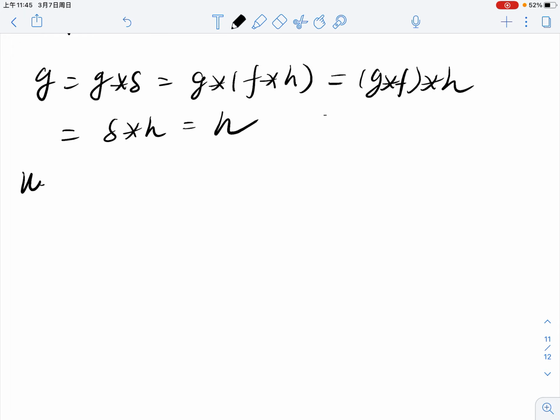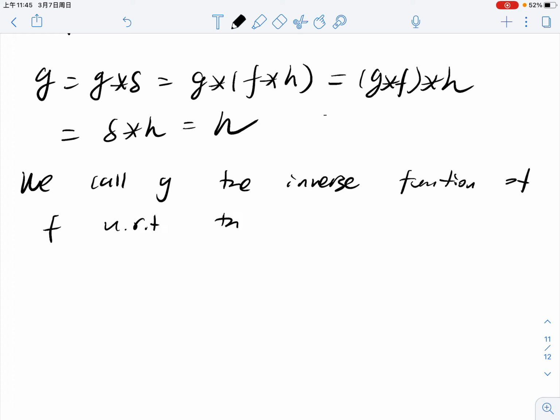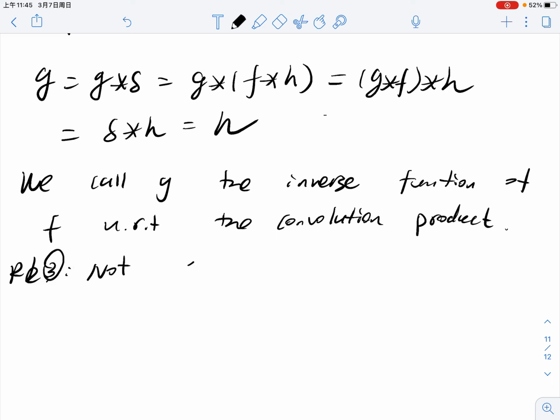And then we call g the inverse function of f with respect to the convolution product. And remark 3 is that not every function in the χ(X) space has an inverse.